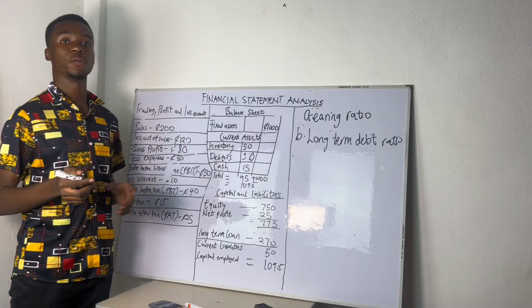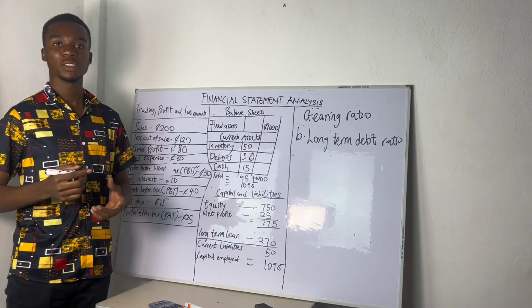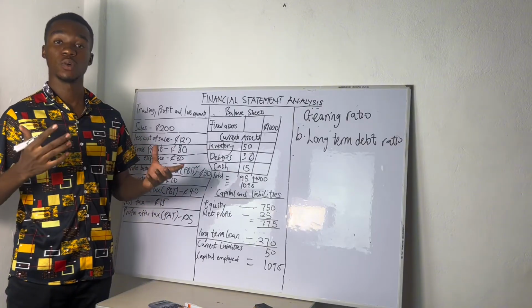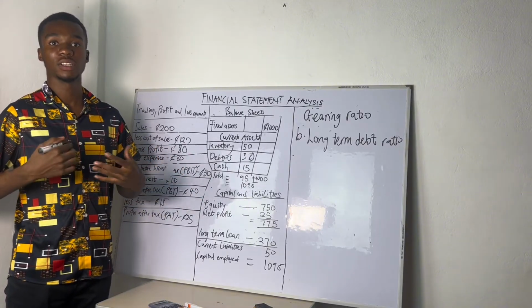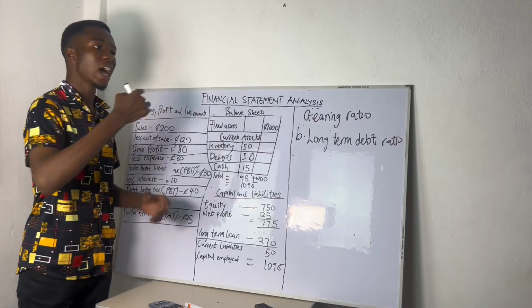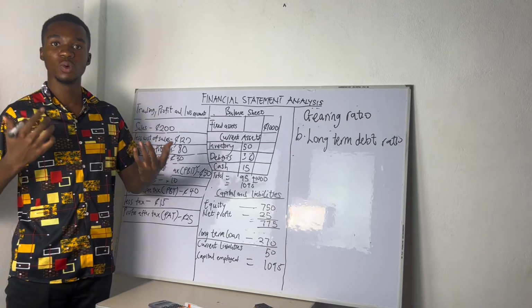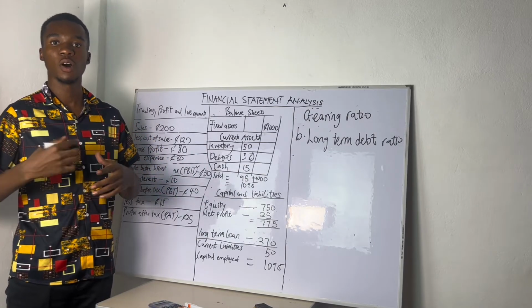And the next one is the long-term debt ratio. For the first one, I wanted to see how much of the company's asset is financed by the shareholders' wealth, so that we'll see the company is actually strong. But for this, we are going to see how much of the company's asset is funded by long-term loans. Because in a company, you take loans to help finance the business.